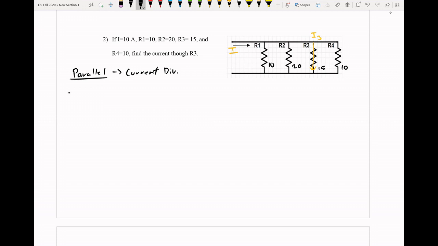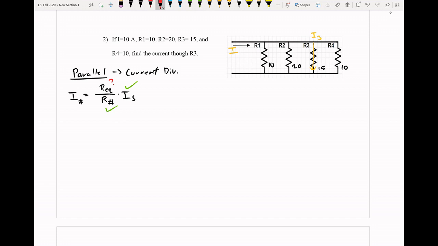The equation for current division is I of whatever number it is, times R equivalent over R of whatever number it is, times I of S. So we know I of S, we know our number, we just don't know what this R equivalent is.